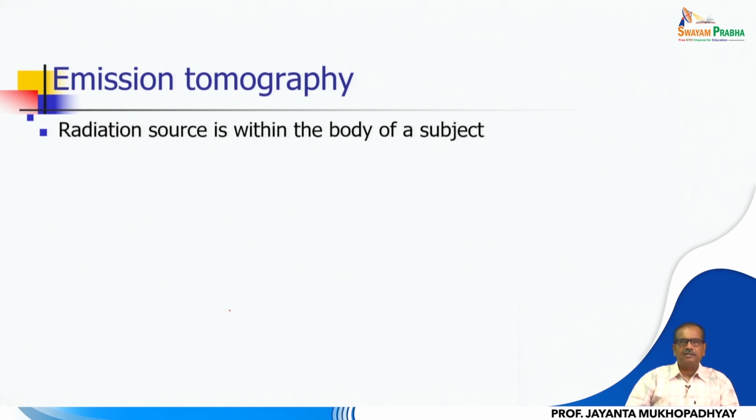So in this case the radiation source is within the body. X-ray was an external radiation: from outside, X-ray is given to the body, it passes through our body and then produces an image.